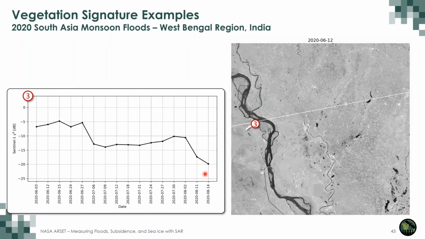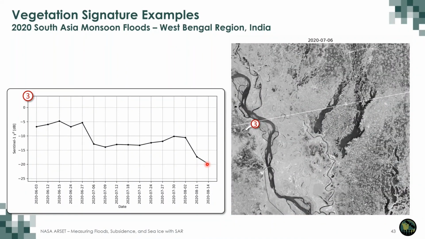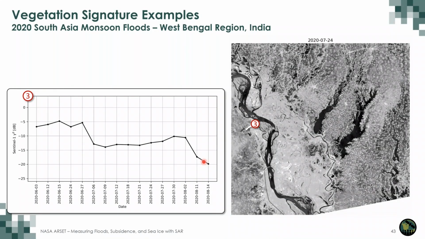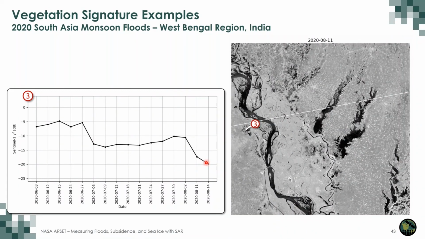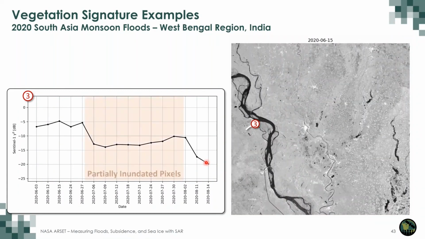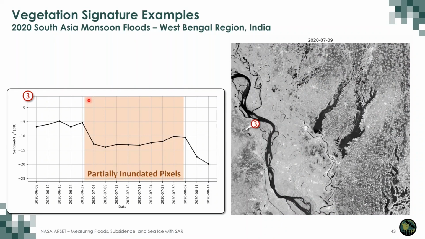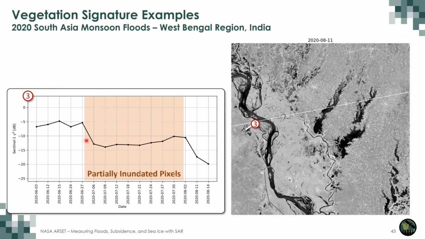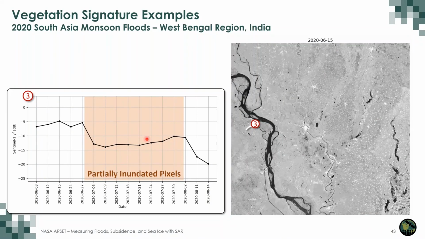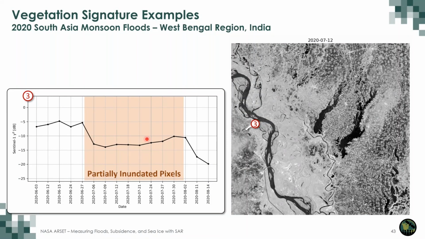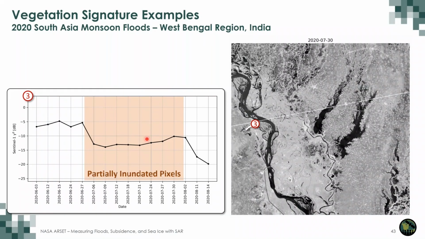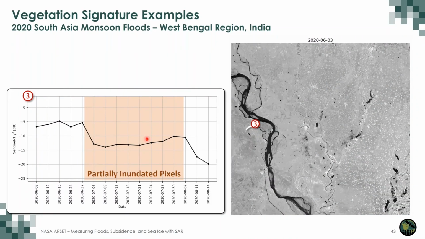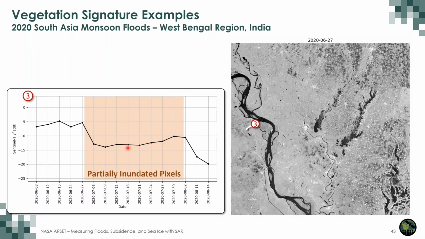We already know that minus 20 dB is indicative of full inundation of a particular pixel. But what happens in between is that this pixel, which has a 30 by 30 meter footprint, for a while was partially inundated. This can happen if there's topography in the landscape and you have mounds and valleys. The valleys will fill up with water first.